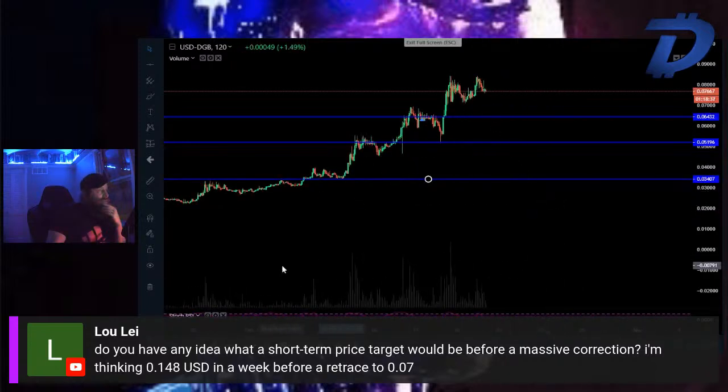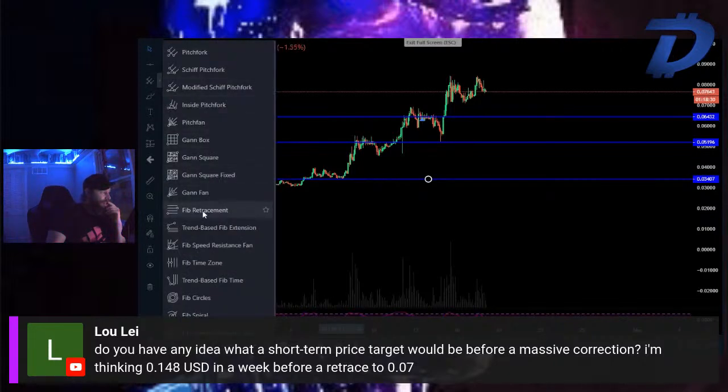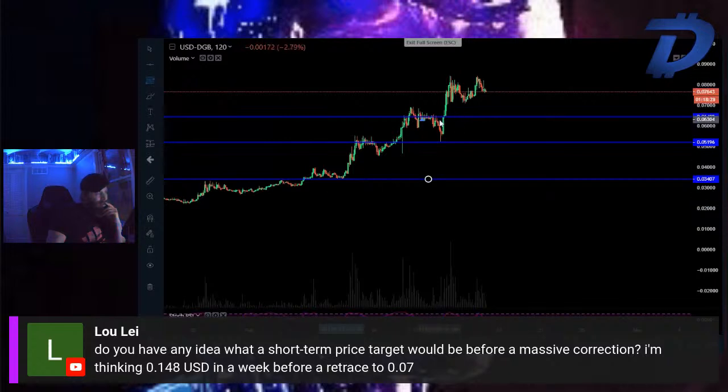All right, let's retrace this with the Fibonacci retracement the right way, right? This would be the correct way if we were going bearish. Was it down, up, down, up?